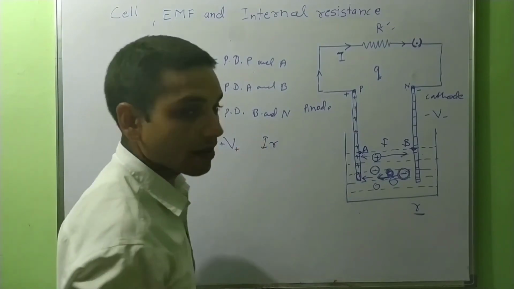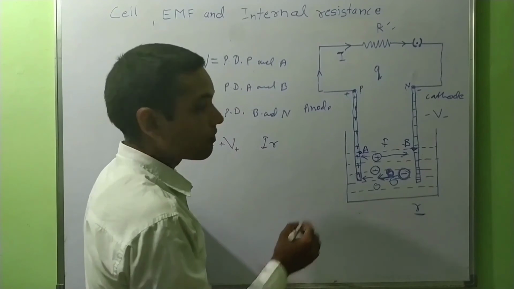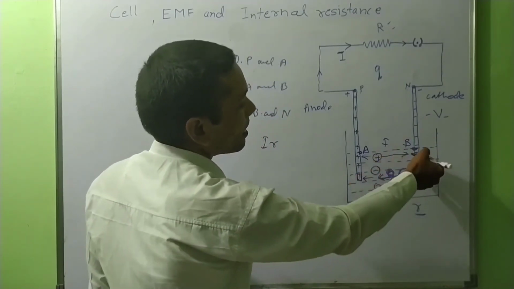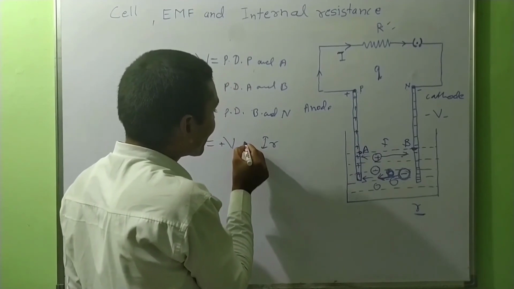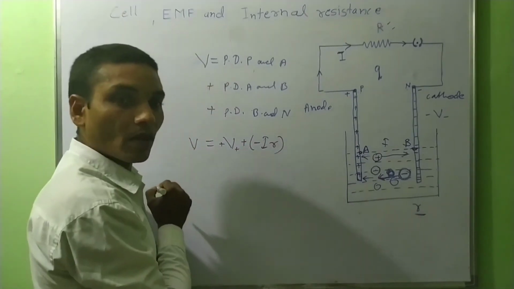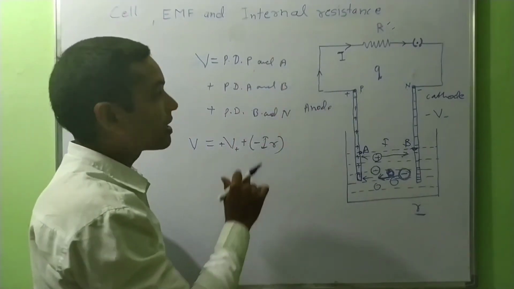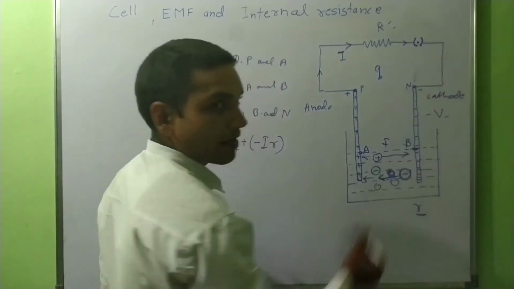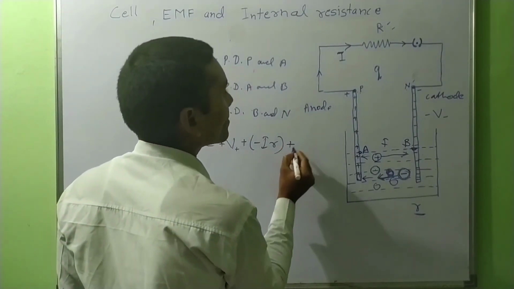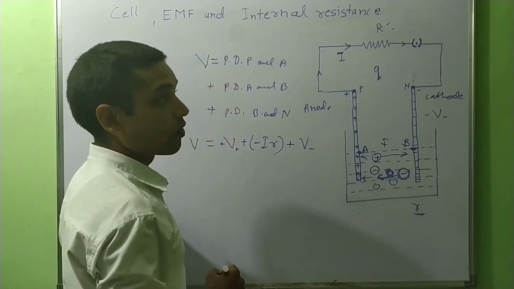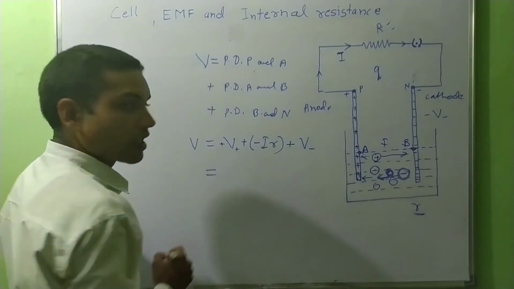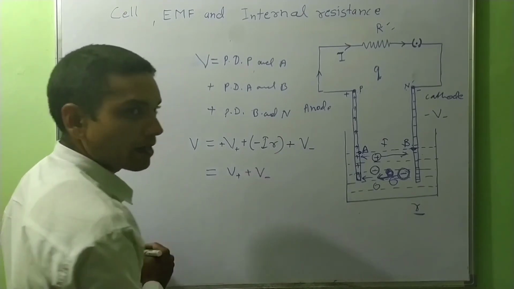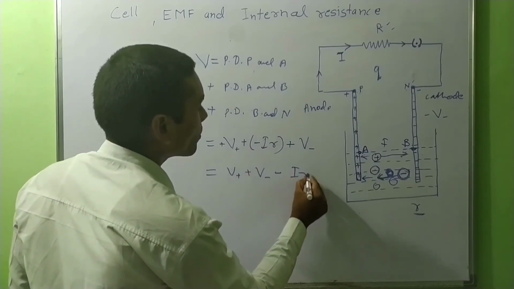In the external circuit the current is going from P to B, but inside the electrolyte the current is flowing from B to A. That's why here the potential will be negative, so minus I r. Now the potential difference between B and N will be V minus. So V equals V plus, plus V minus, minus I into r.